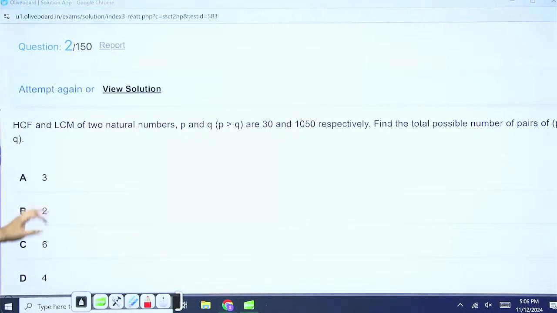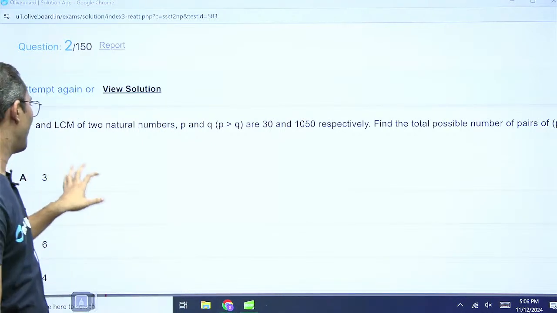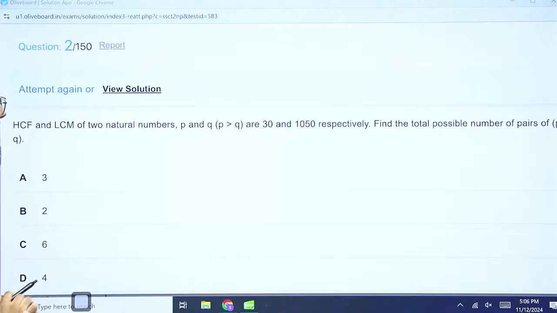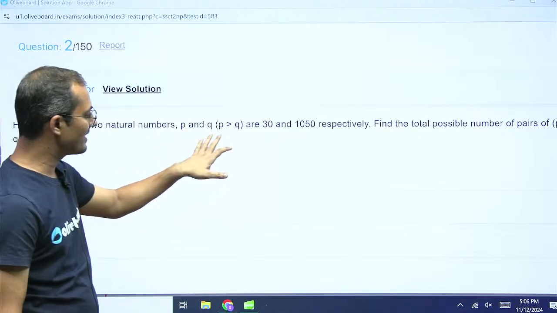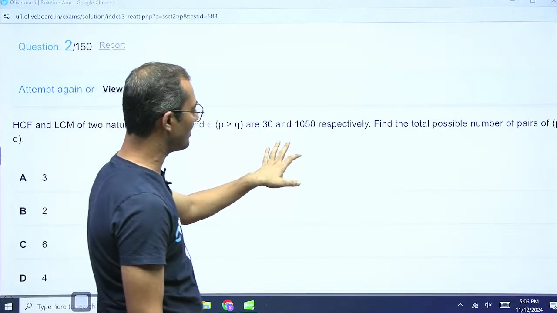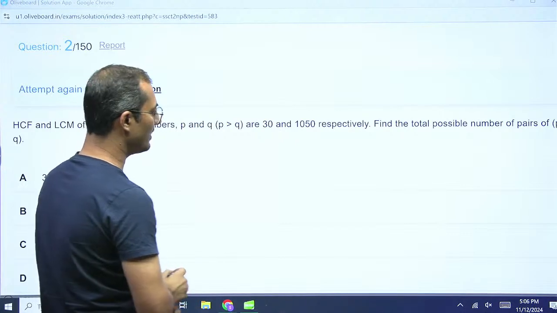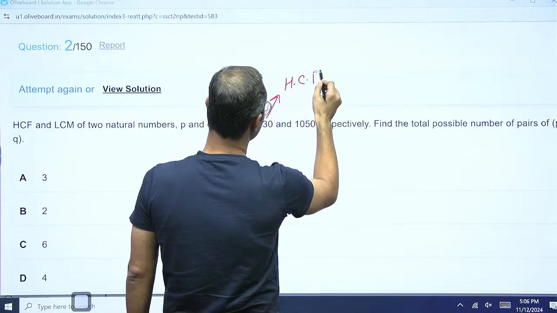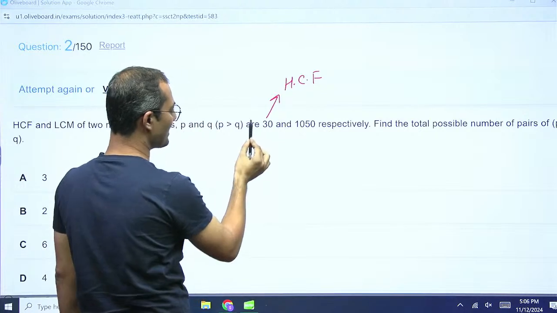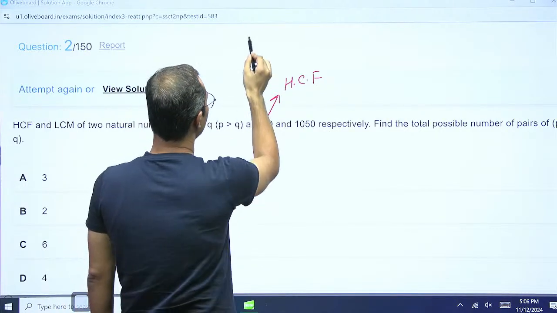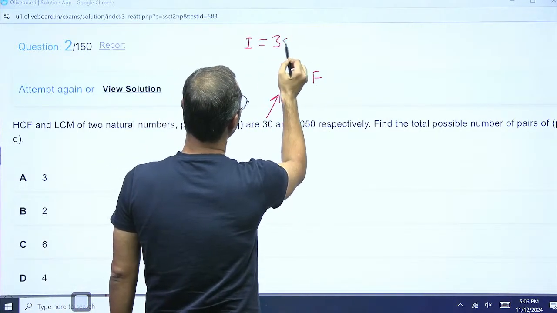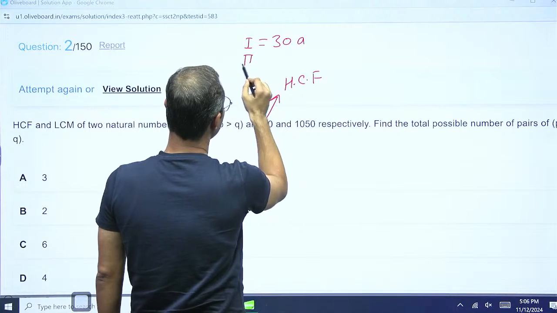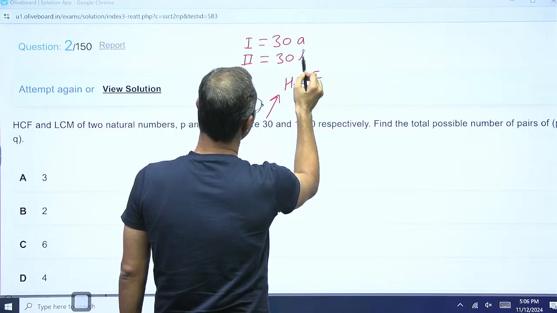See, the question is saying the HCF and LCM of two natural numbers P and Q, where P is greater than Q, are 30 and 1050. See, we have the HCF of two numbers. HCF is 30. We must know that if HCF is 30, it means that the first number is going to be 30A and the second number is going to be 30B, right?